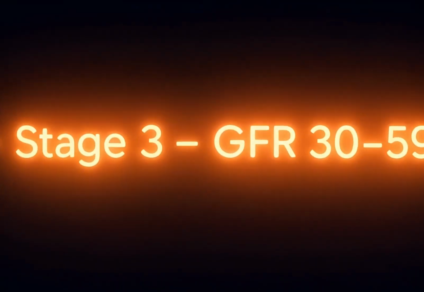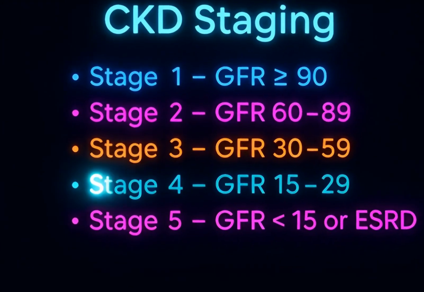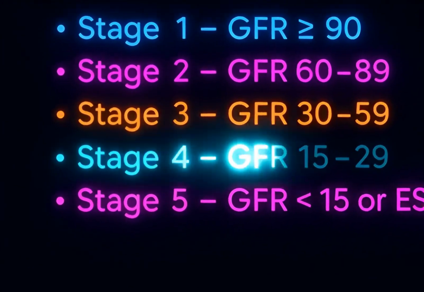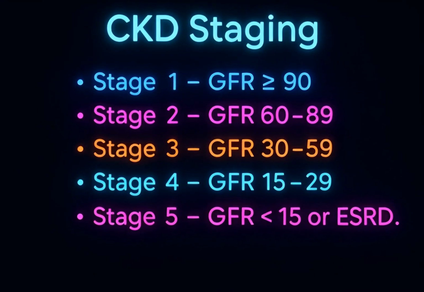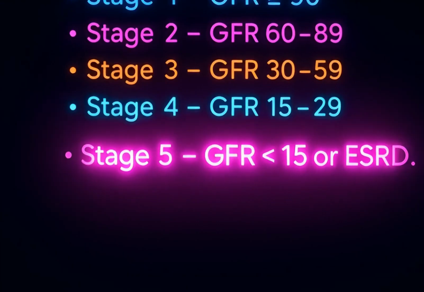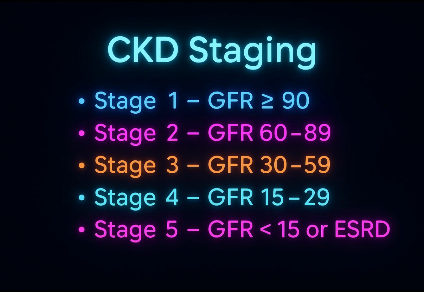Stage 3 drops further, GFR 30 to 59, and this is moderate CKD. Stage 4 is more serious, with a GFR between 15 and 29, classified as severe CKD. And finally, stage 5 is when GFR is below 15, where the patient is in end-stage renal disease, also known as ESRD. These stages are crucial because they directly impact ICD-10 codes like I12 and I13, so always look for the GFR value or the CKD stage in the documentation.